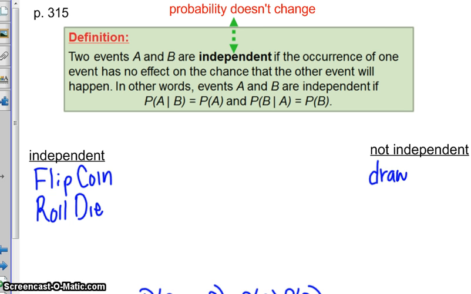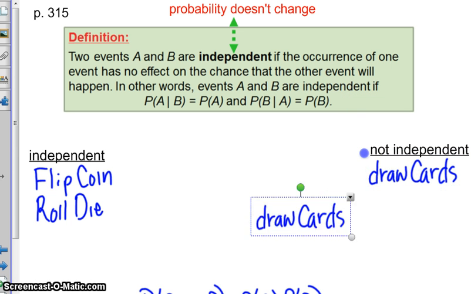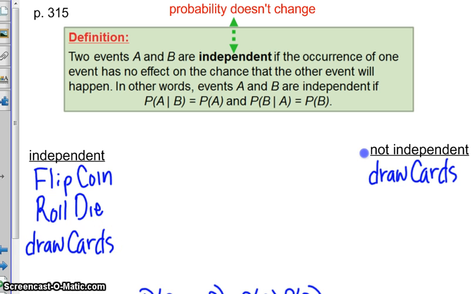The probability I draw a red card: if I take that card out, there are only 51 left to draw from. But I could make this situation independent if I have replacement. Once I draw that card, I put it back in, and now I have the same likelihood of drawing a red card again.